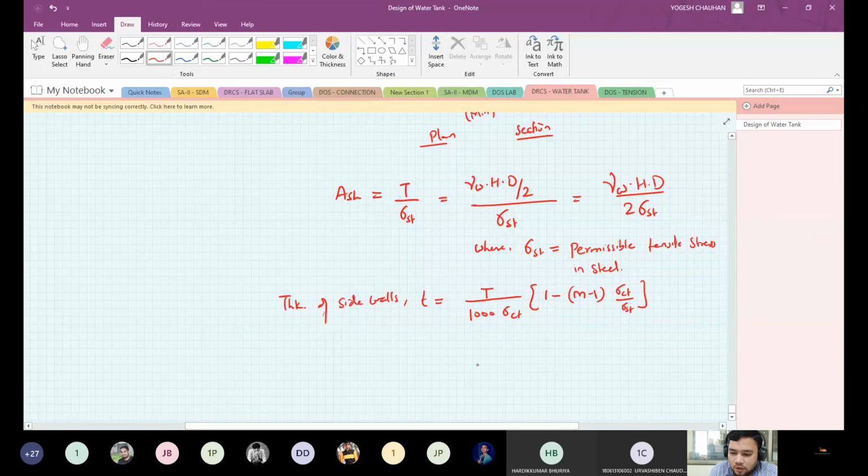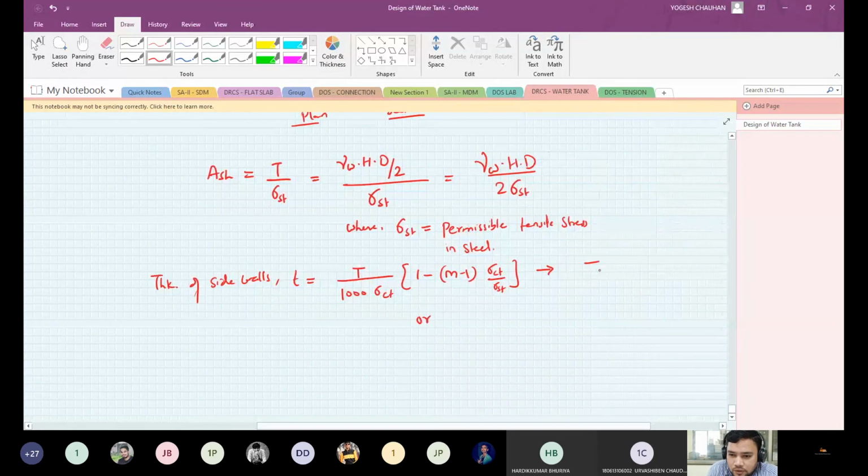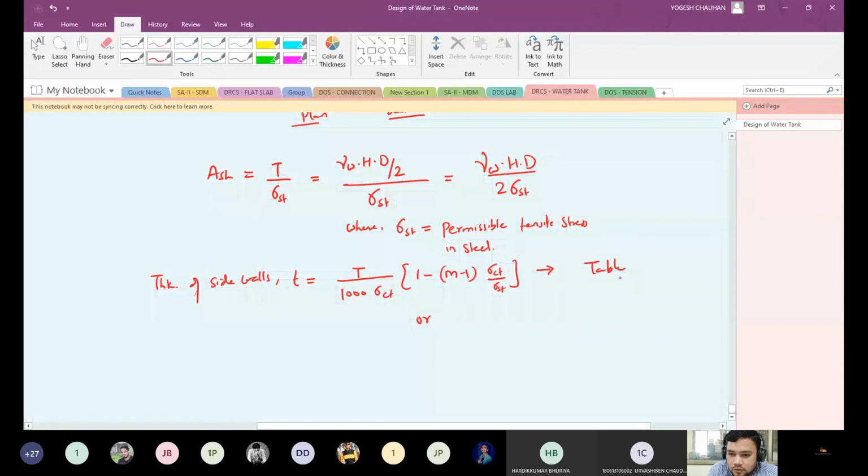Or you can find the thickness using the table, which presents the same expression in tabular form.